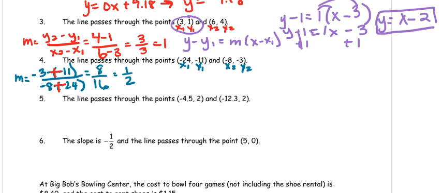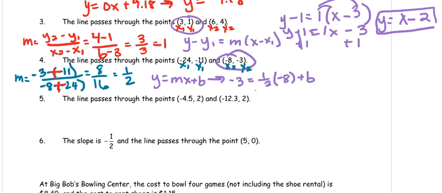This time I'm going to use slope-intercept. So y equals mx plus b. I'm going to use this point because the numbers are a little smaller. So negative 3 is your y. m is 1/2. x is negative 8. We're trying to find our b. So negative 3 equals 1/2 times negative 8, which is negative 8 over 2, which is negative 4, plus b.